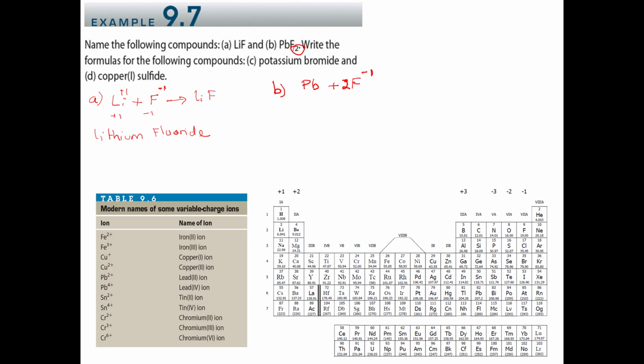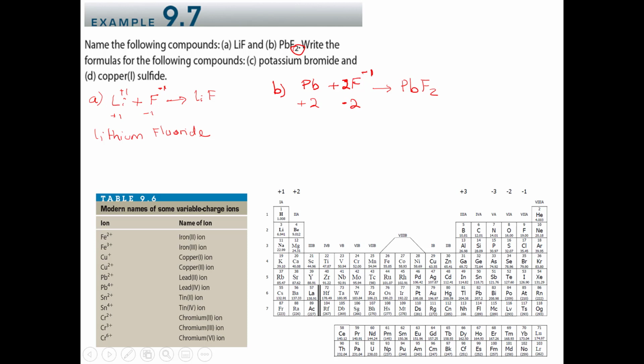We can get the total charge for the negative ion: 2 times -1 is -2. In order to be neutral and to form this compound, this lead must be positive 2. It's the only way we will get a neutral compound. Then we know in this case lead is 2.